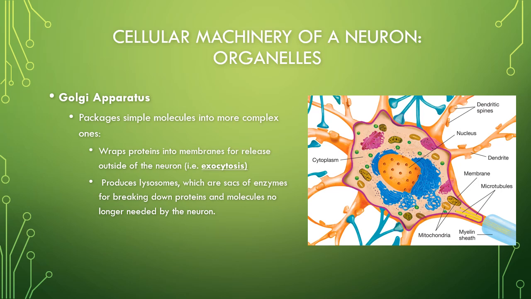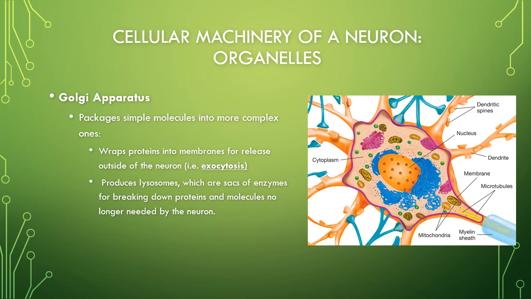Another thing that we have is the Golgi apparatus, and so if you think of the endoplasmic reticulum as being kind of a storage component, the Golgi apparatus is really a packaging component. This is where we might take multiple pieces that have been produced by other parts of the cell and group them together.